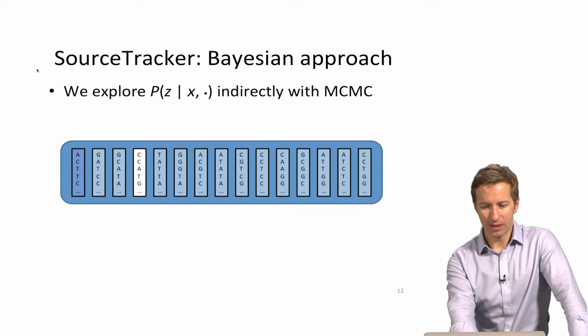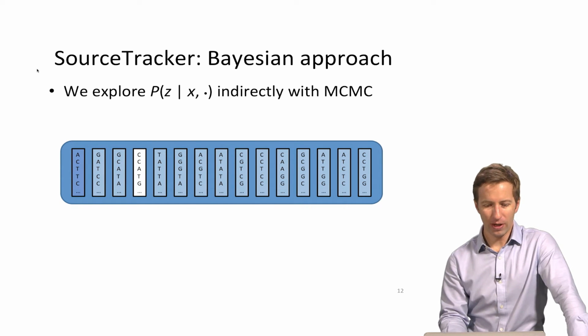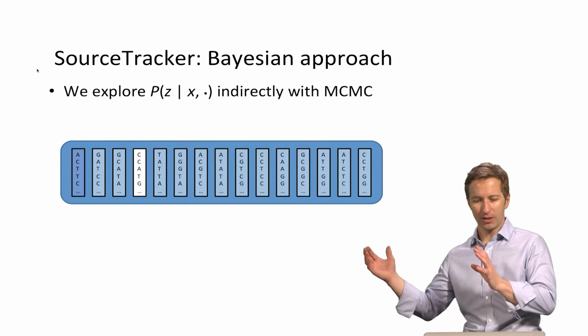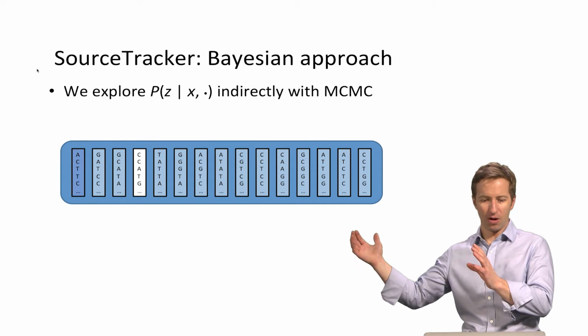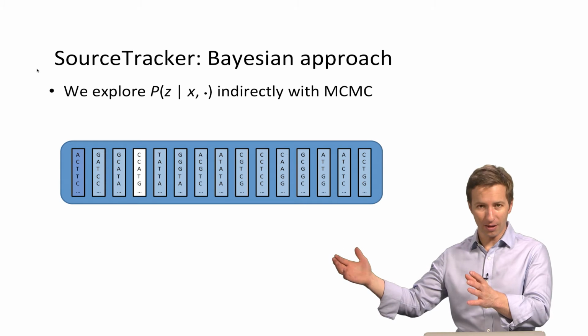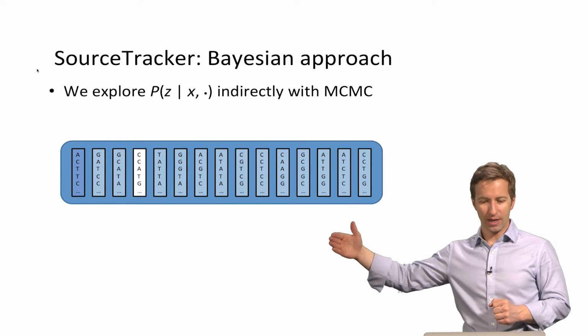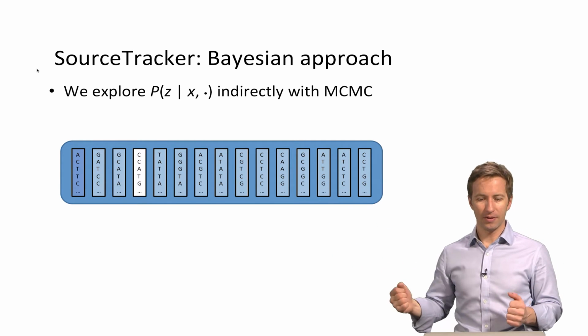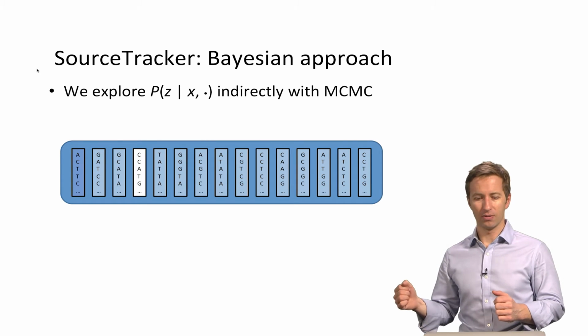And the way that we do this is we basically start with all of the sequences that we see in the sink environment. So each of these is an actual OTU, let's say, one observation of one OTU.